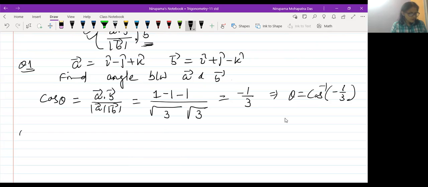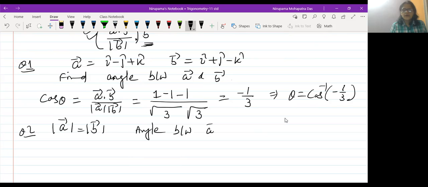Okay, next one more question. Suppose you are given two vectors A and B. It is from the NCERT book. The magnitudes of the two vectors are the same, and the angle between A and B is 60 degrees.